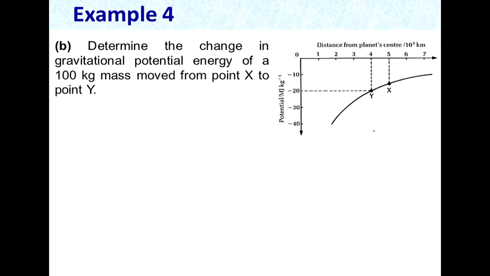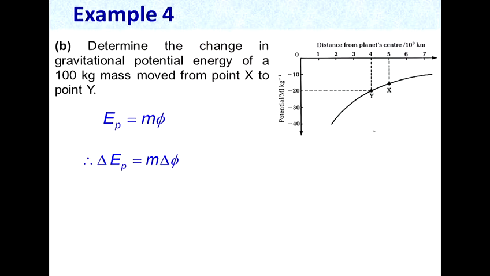This graph is on potential. How is GPE related to potential? GPE equals the mass multiplied by the potential at that point, and this mass here is the 100 kg mass. So we're finding not GPE, we're finding change in GPE. So delta GPE equals the mass times the change in potential when you move from X to Y.